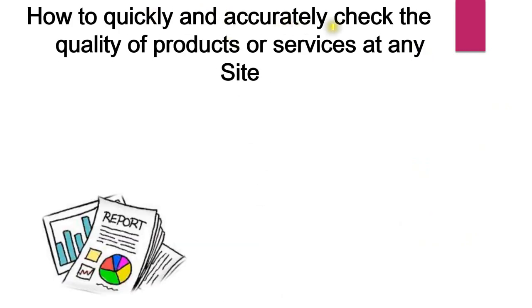How to quickly and accurately check the quality of products or services at any site. So once again, the same situation: site A is not performing well in terms of services.